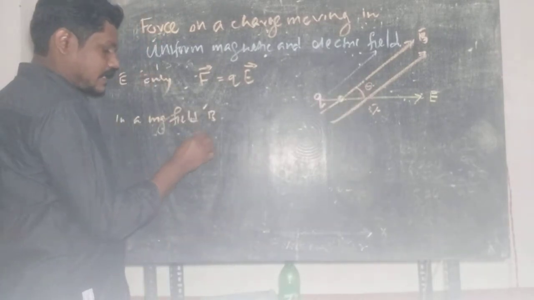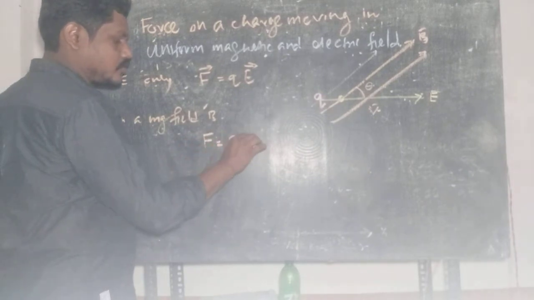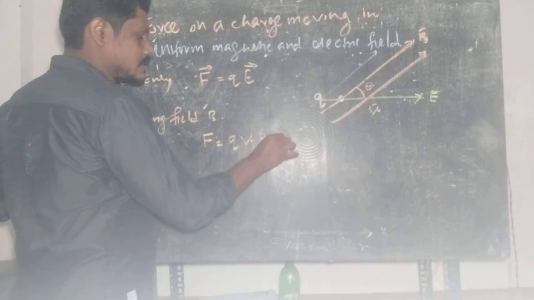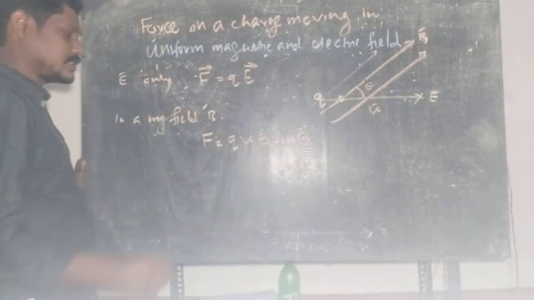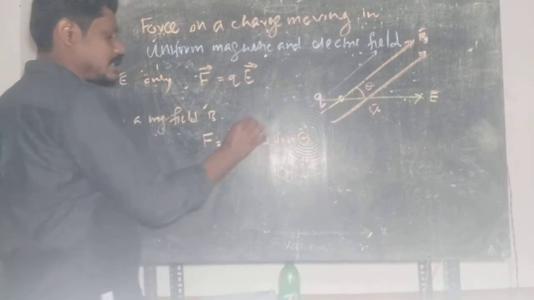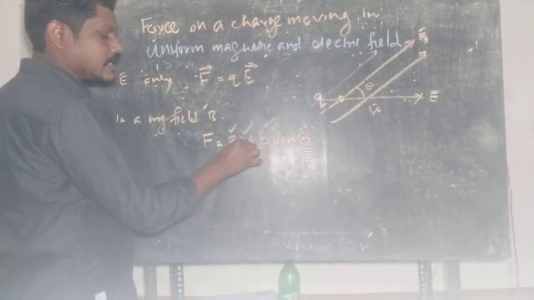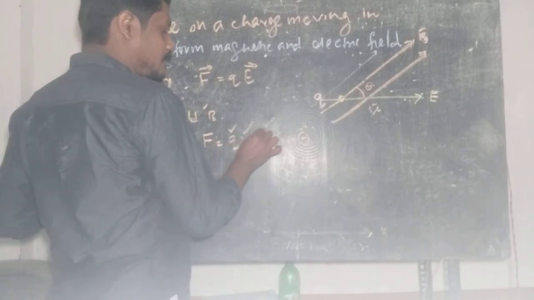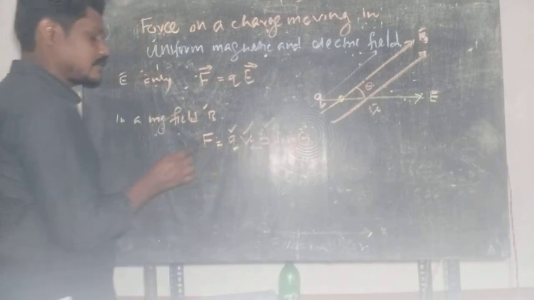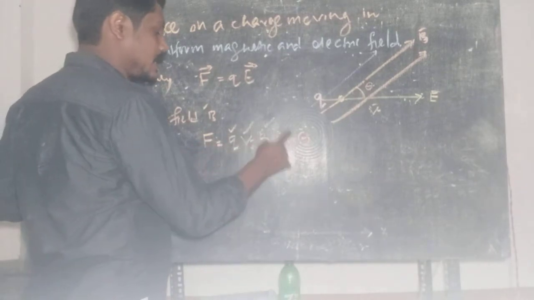Then the magnetic force experienced is given by F equal to QVB sin theta. That is, an electric charge Q is moving with a velocity V in a uniform magnetic field such that the angle between the directions of velocity and magnetic field is theta. Then the magnetic force is expressed as F equal to QVB sin theta.